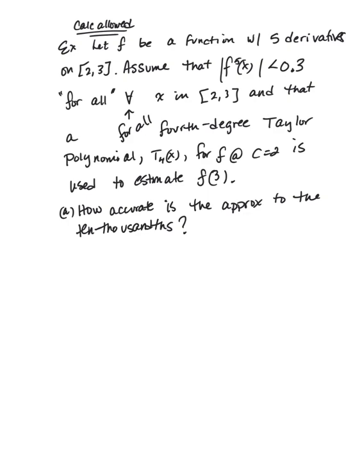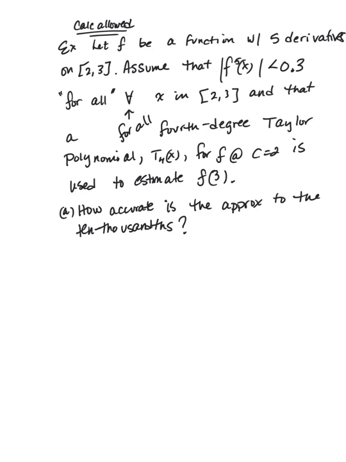All right, kids, pause the video, copy down this example. We're going to let f be a function with 5 derivatives on the interval 2 to 3. We're going to assume that the max value of the 5th derivative of f of x is less than 0.3 for all x in our interval 2 to 3. So this is a bound. It's not exactly equal to 0.3, it's less than it.